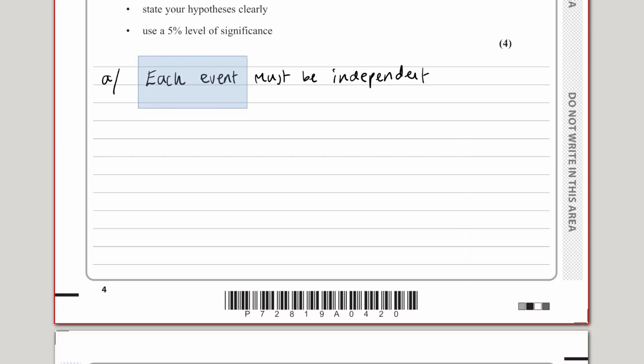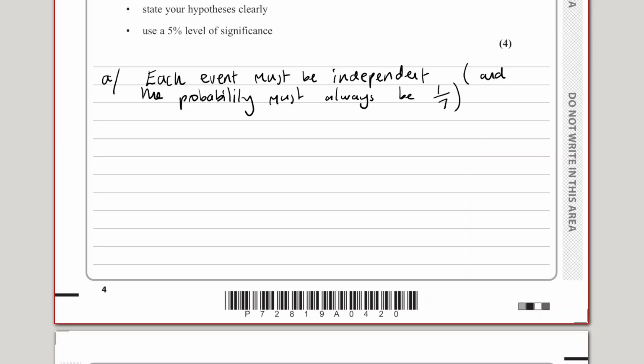Or even the chance of getting a prize each time must be independent. Each event must be independent. And I'll also write, and the probability must always be 1/7.